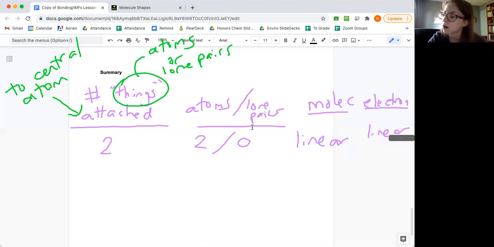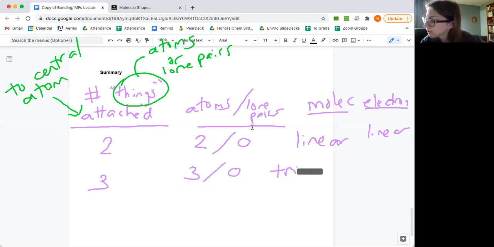If we have 3 electron domains, 3 things attached, and they're all atoms, none of them are lone pairs, that's when it's trigonal planar, or if you want to abbreviate, trig planar. And again, for its electron geometry, also trig planar.